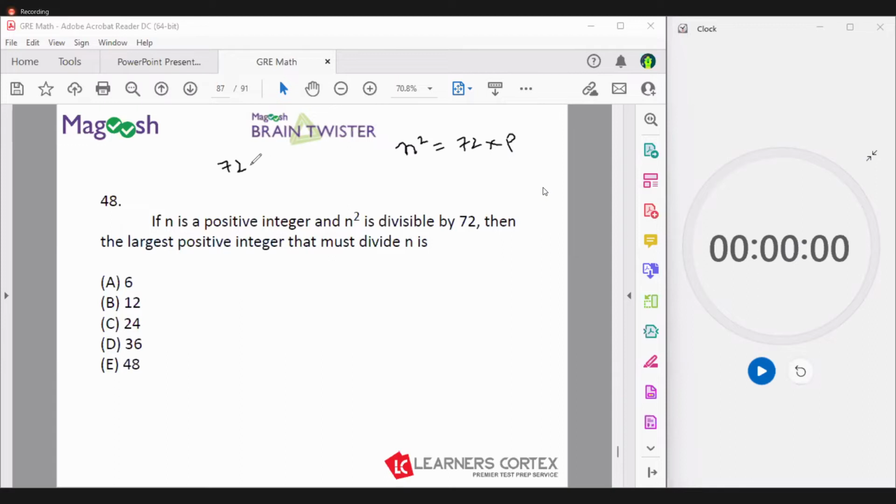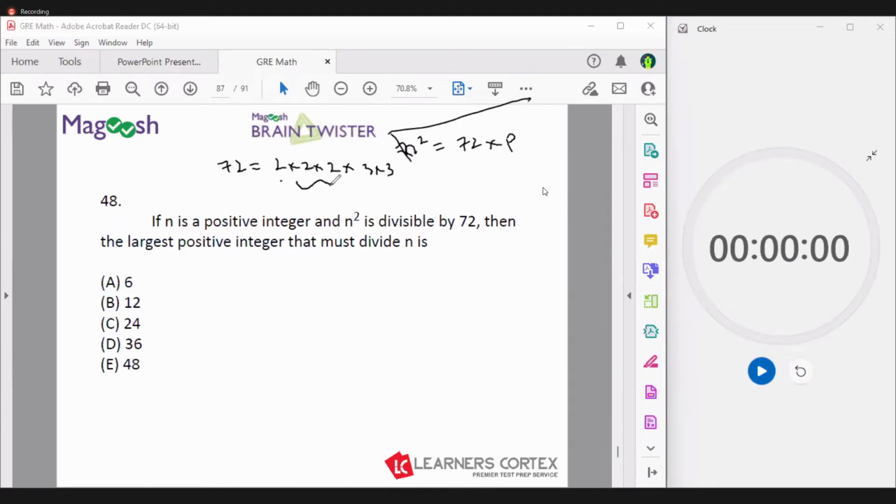And I kept on putting values for p which satisfied n, and I took the under root. You took the under root of what? I took the root of n square, so it will be root of 72 into p.